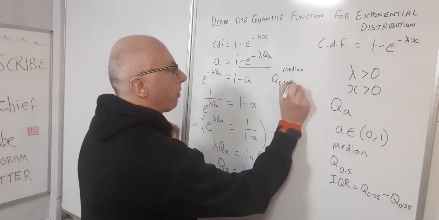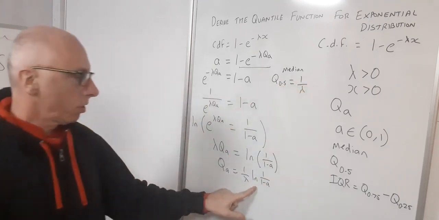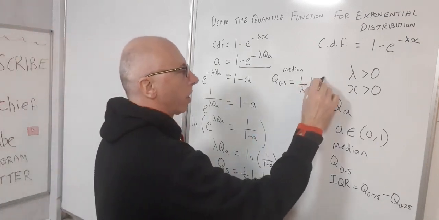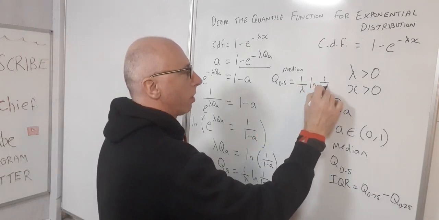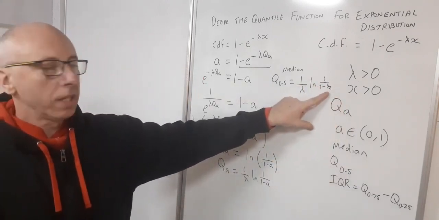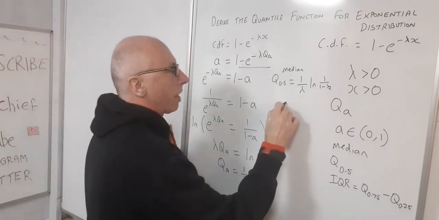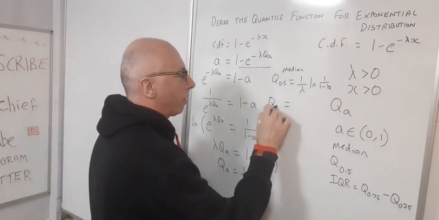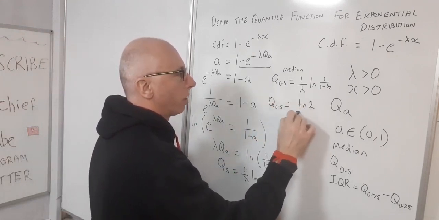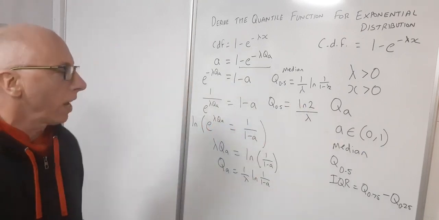So Q of 0.5 is 1 over lambda times the natural log of 1 over 1 minus 0.5. 1 minus a half is a half, so that just becomes the log of 2. So Q of 0.5, our median, is the natural log of 2 divided by whatever our parameter lambda is.